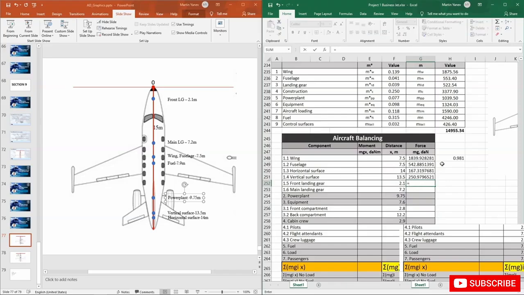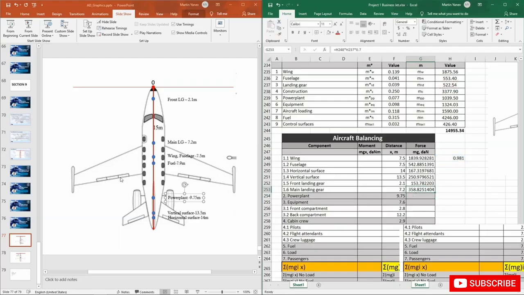Then the front landing gear will be equal to, obviously, this coefficient multiplied by the landing gear multiplied by 0.3, because it gets 30% of the total mass of the landing gears. And finally, the main landing gear will take 70% of the mass of the landing gear, so multiplied by 0.7.